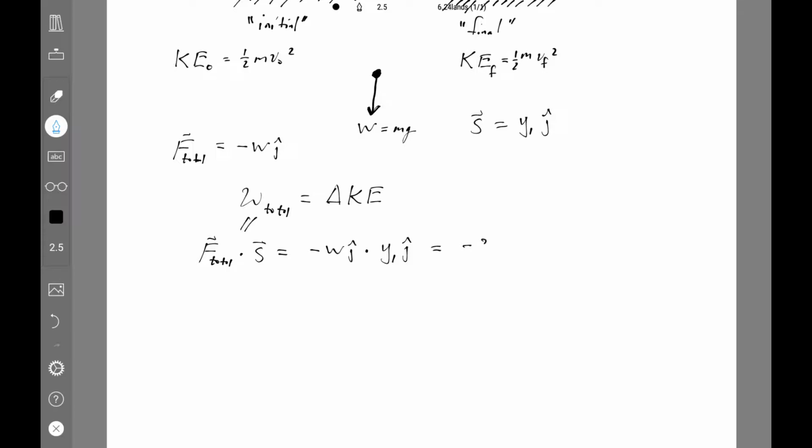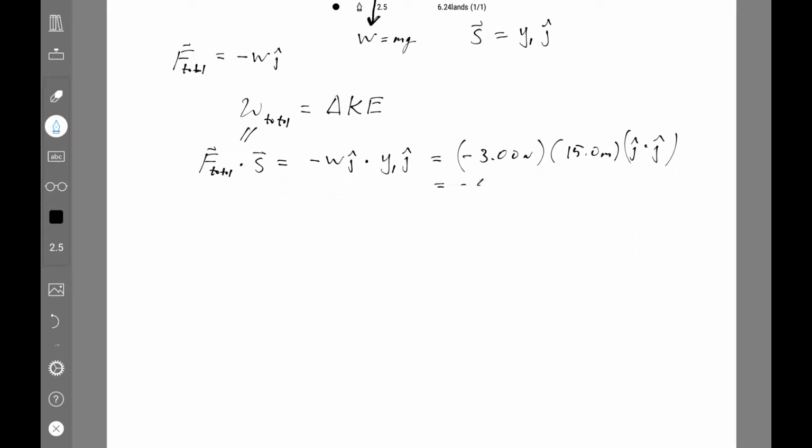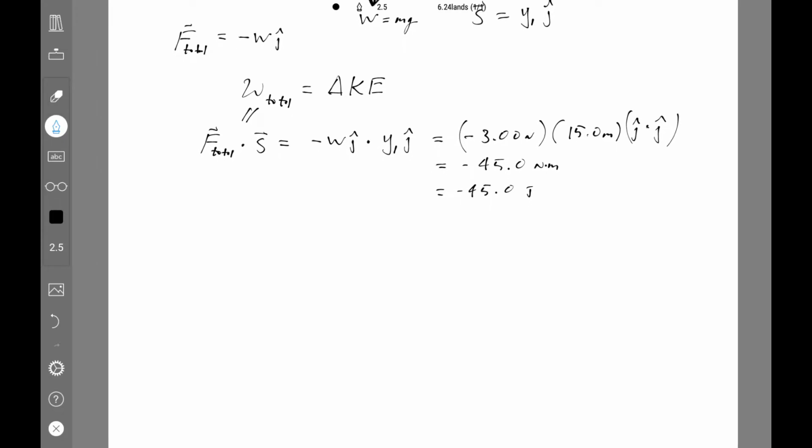That's just equal to negative 3.00 newtons times 15.0 meters, and then j hat dot j hat is 1. So we get negative 45.0 newton meters, or negative 45.0 joules. So that's the total work done on the rock.